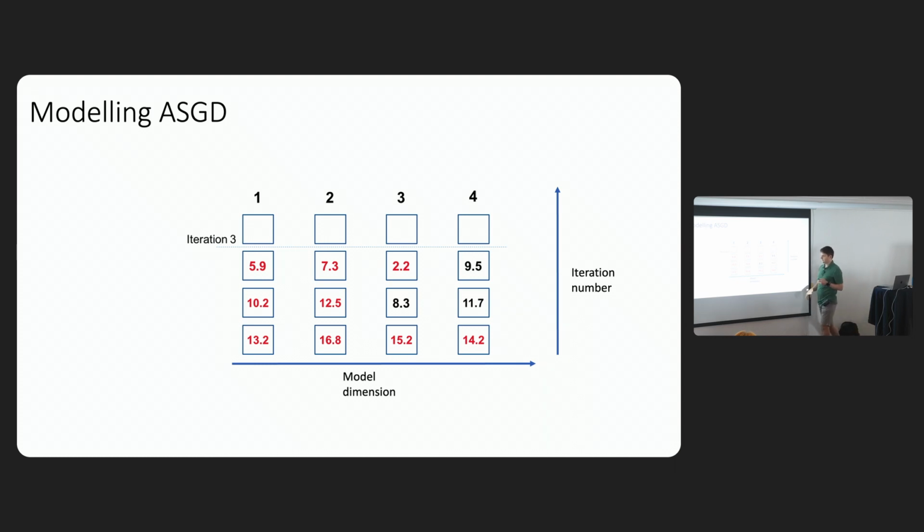Okay? So let's take this example where I'm going to put in red everything that was already written in the current loop of the processor who's doing the writing.